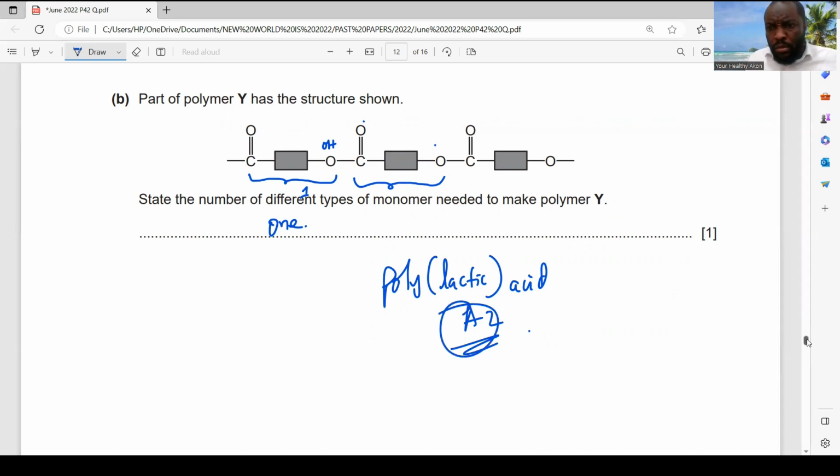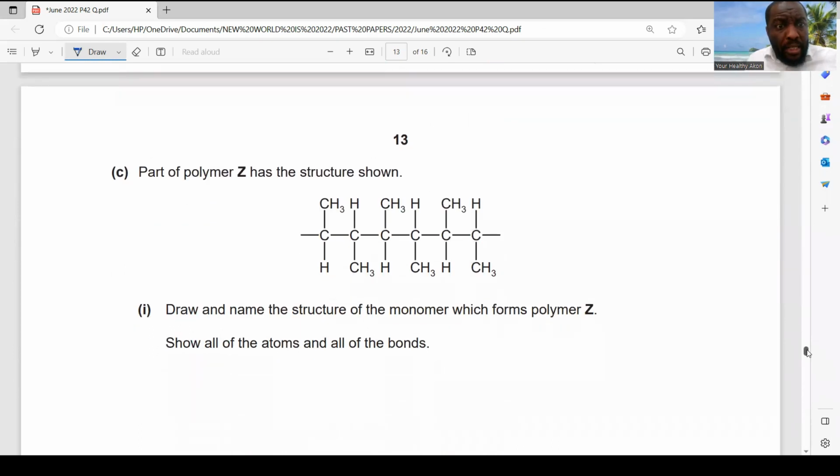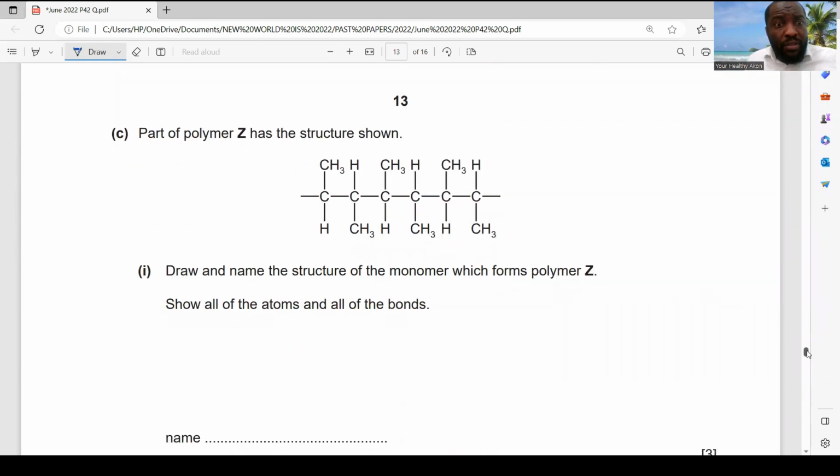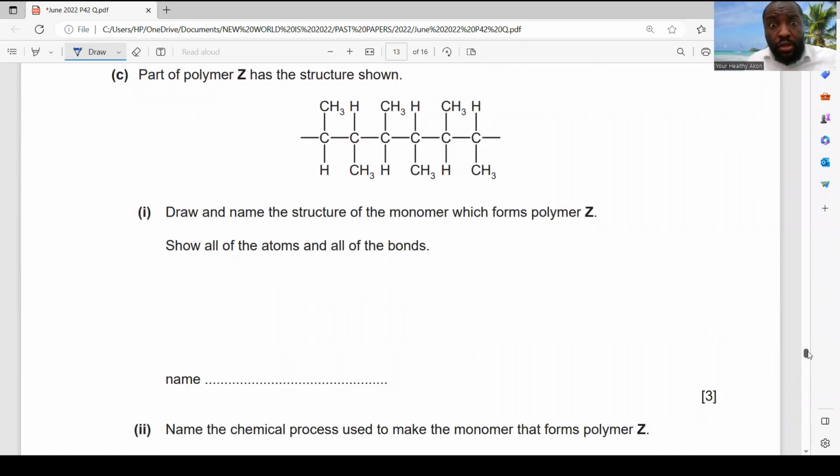Now let's go to something else. Part of polymer Z has a structure shown. Draw and name the structure of the monomer.